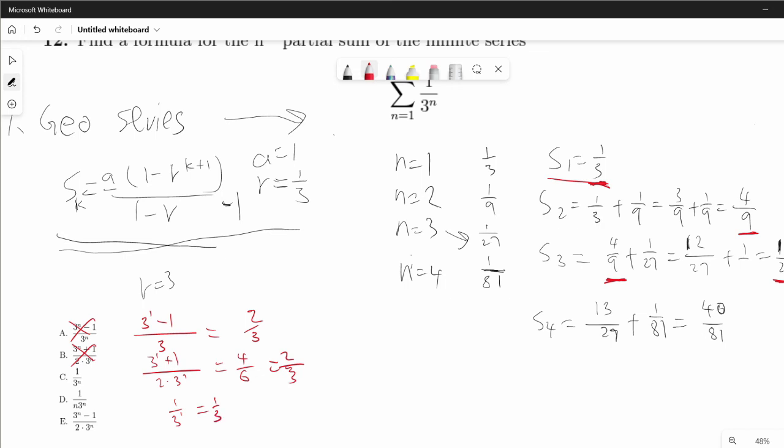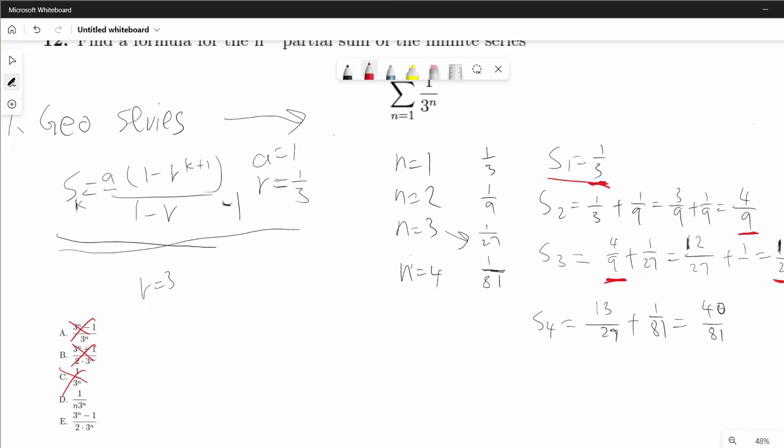But then I want to test more, right? I want to test n equal to 2. For n equal to 2, C says that it's 1/9, right? But I have S2 as 4 over 9. So that is still not right. Let me clear this a little.